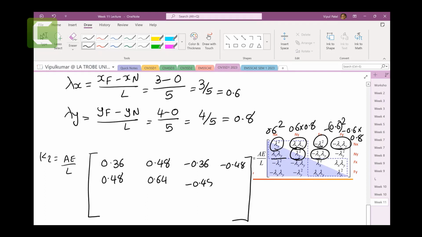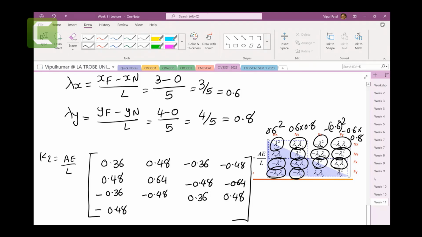So the matrix is lambda x square 0.36, minus 0.48, minus 0.36, 0.48, and so on, down to minus 0.48, minus 0.64, 0.48, and lambda y square 0.64.